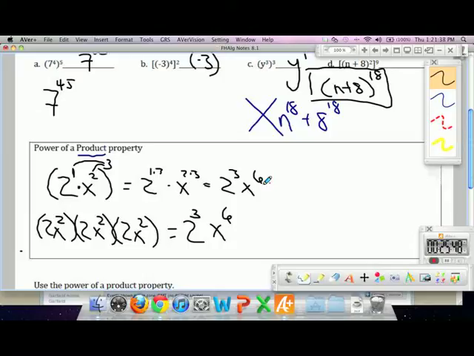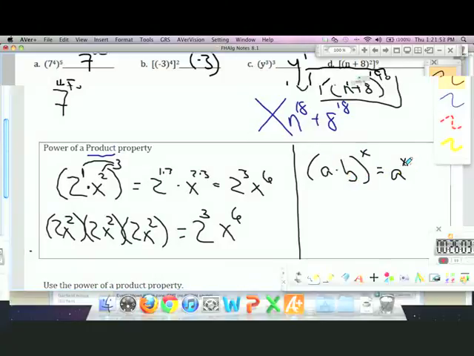In general terms, it says that a times b to the x is the same as a to the x times b to the x.